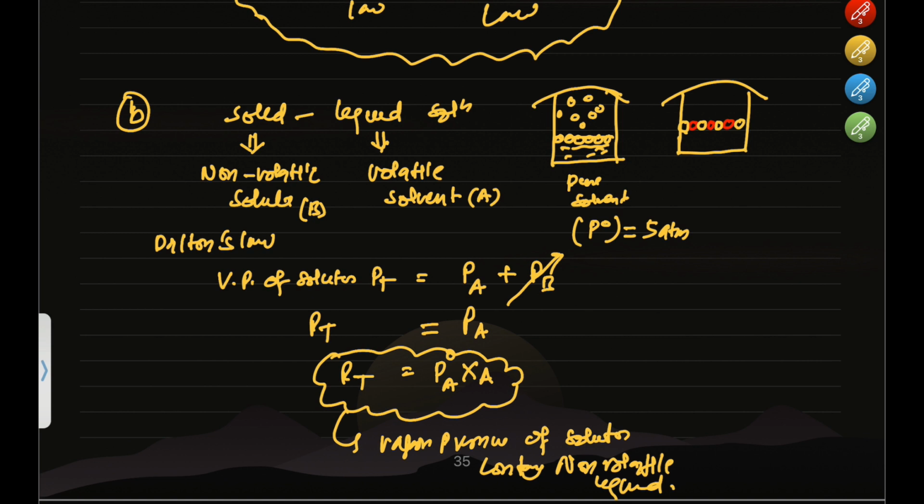Here the fraction of the surface containing the volatile solvent is reduced, whereas vaporization or evaporation, the surface phenomenon, the escaping tendency of the solvent molecules is reduced, then the vapor pressure is reduced. The vapor pressure of the solution is reduced.